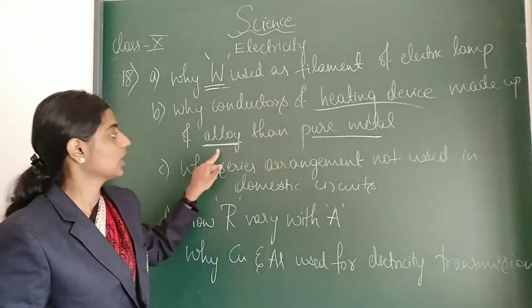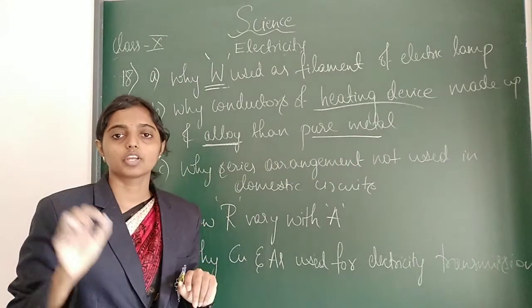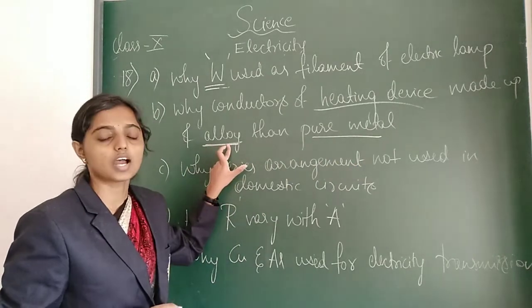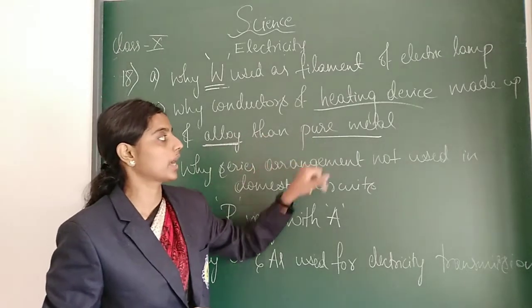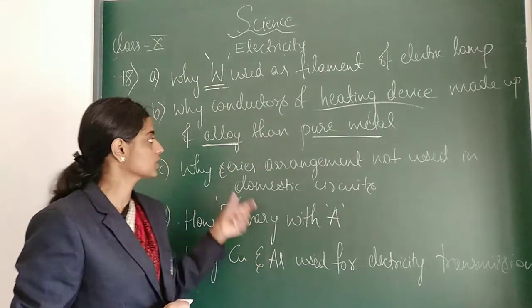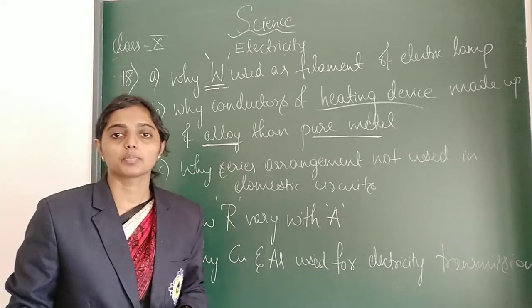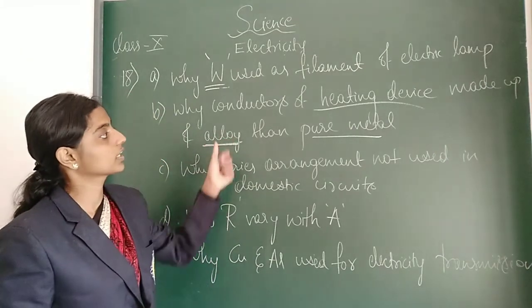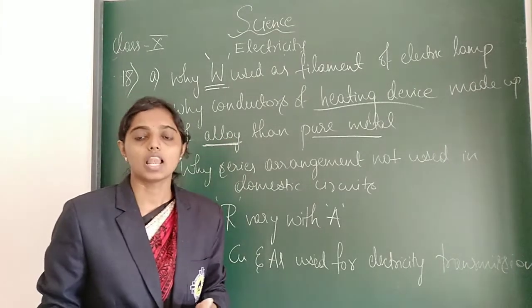Remember, these words are very important: alloy has high resistivity when compared to pure metal. Since it has a high resistivity, more heat can be produced. Therefore conductors of heating devices are made up of alloys.